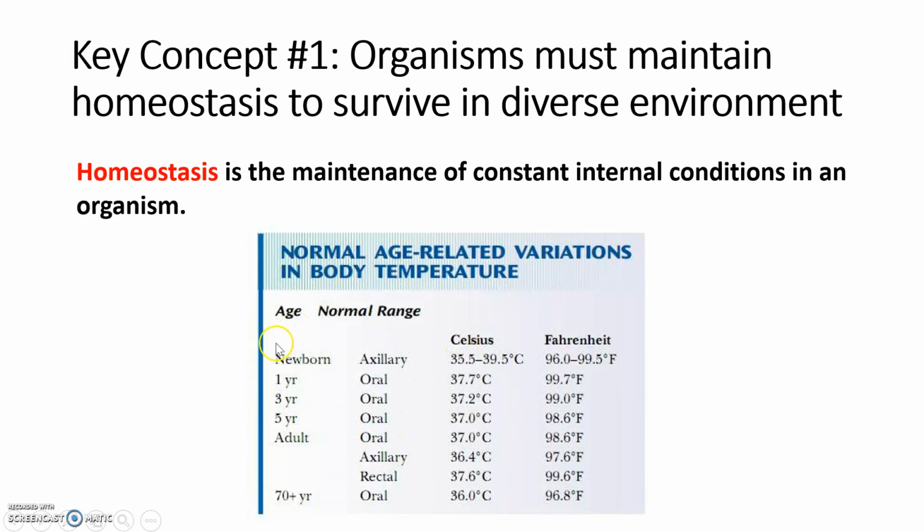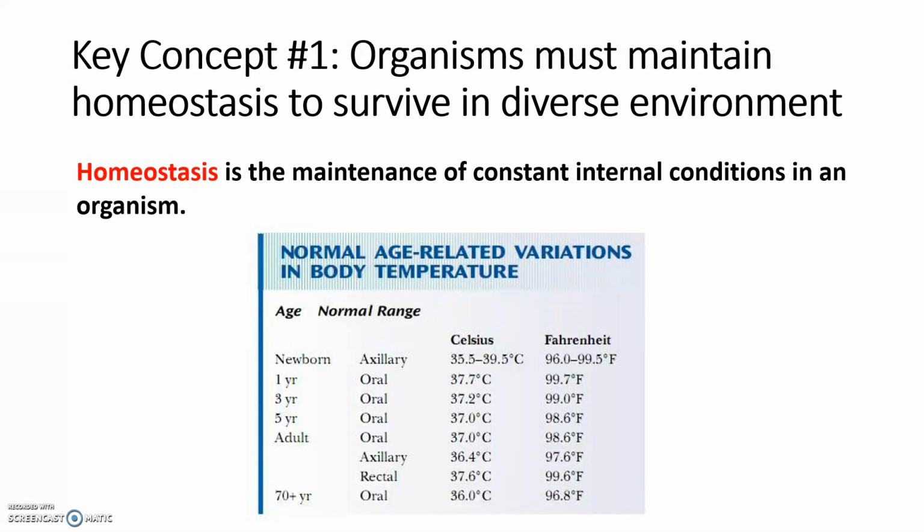Well, let's look at an example in the human body. I looked it up, and the average human temperature is supposed to be around 37 degrees Celsius. Let's say that you have a fever, and your temperature goes above 37 degrees, up to 41 or 42 degrees Celsius.